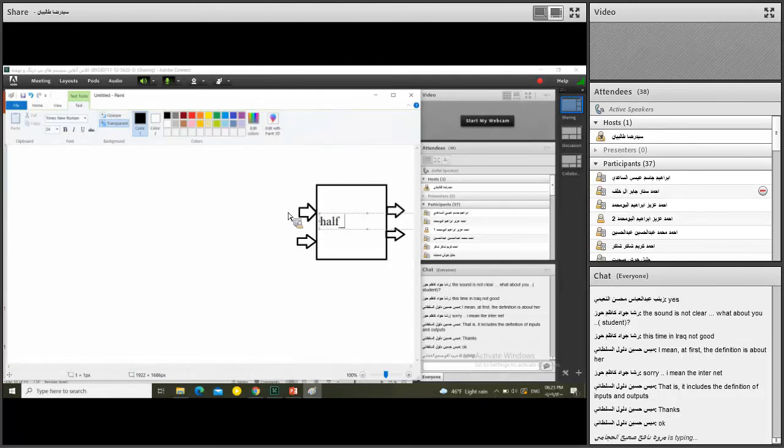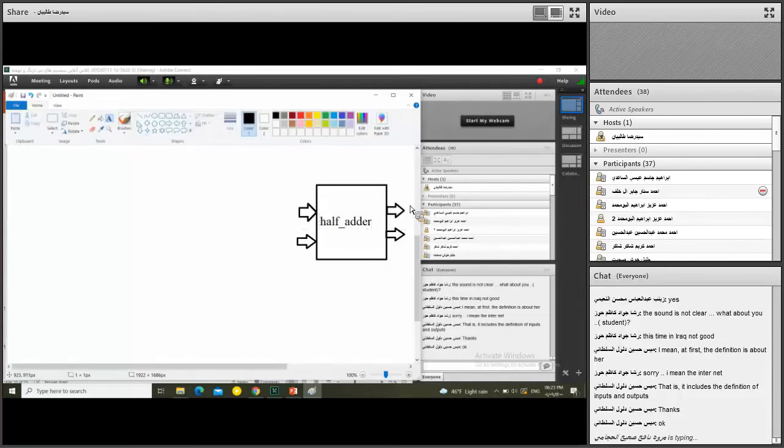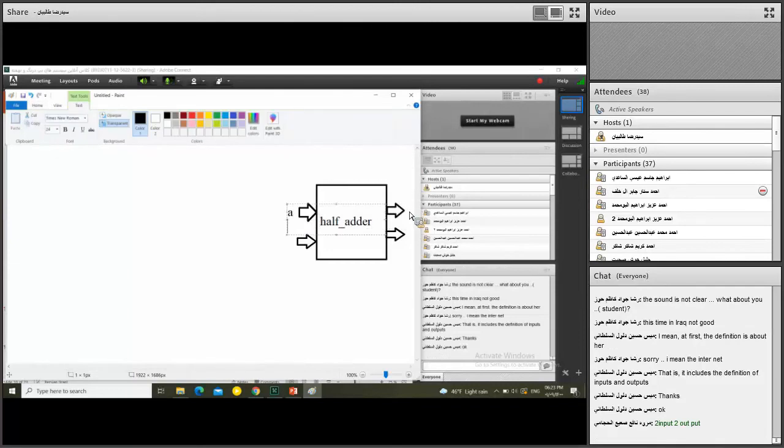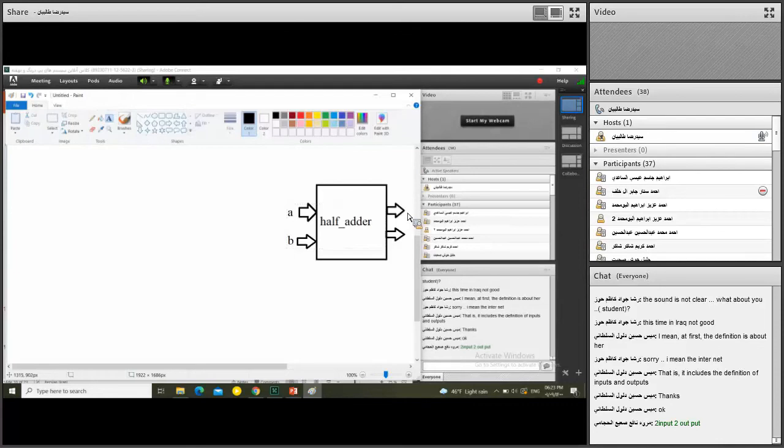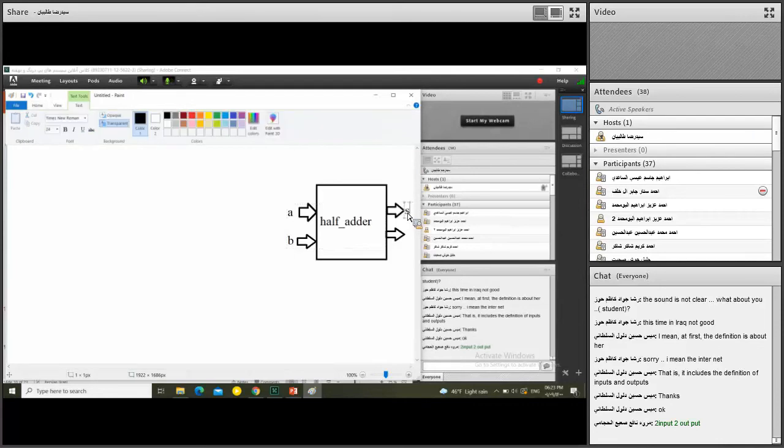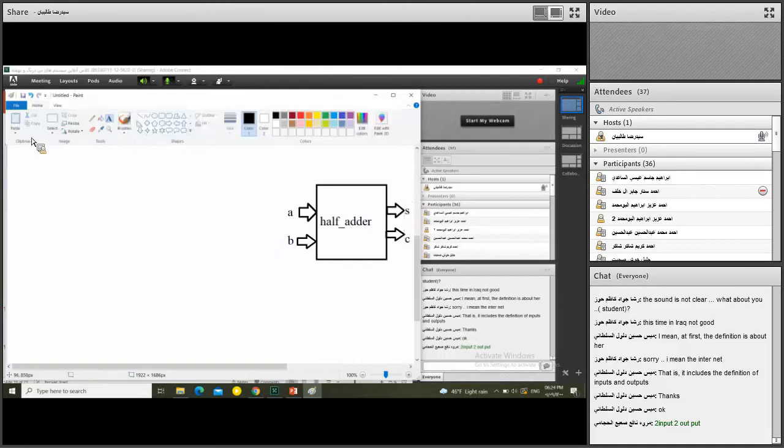Each half adder has two inputs, for example A and B, and two outputs. For example, we call them S and C. Yes, two inputs and two outputs. Okay, now we want to start the definition of this system or of this circuit.